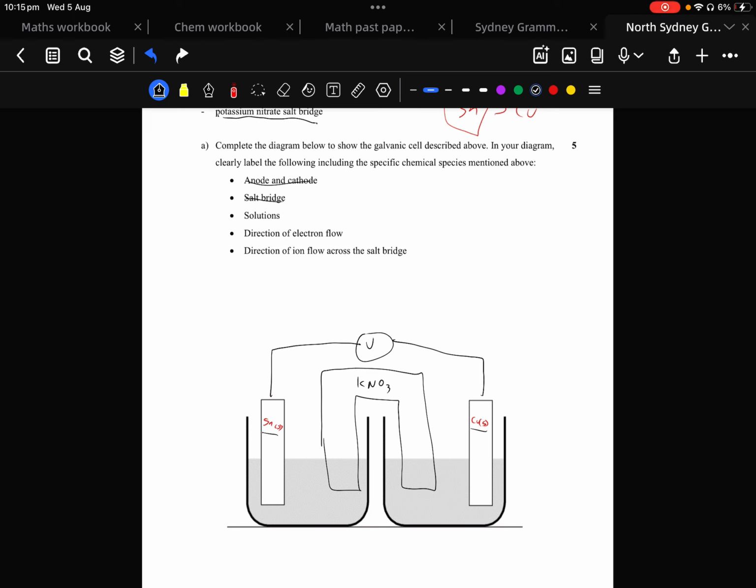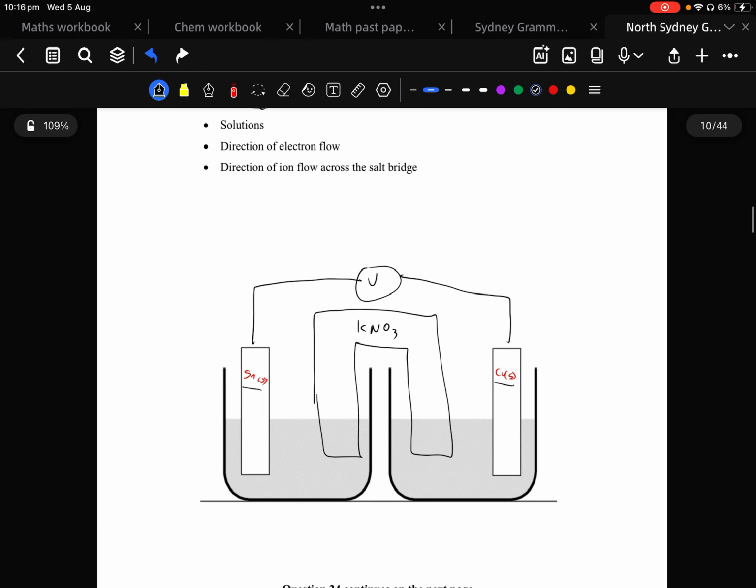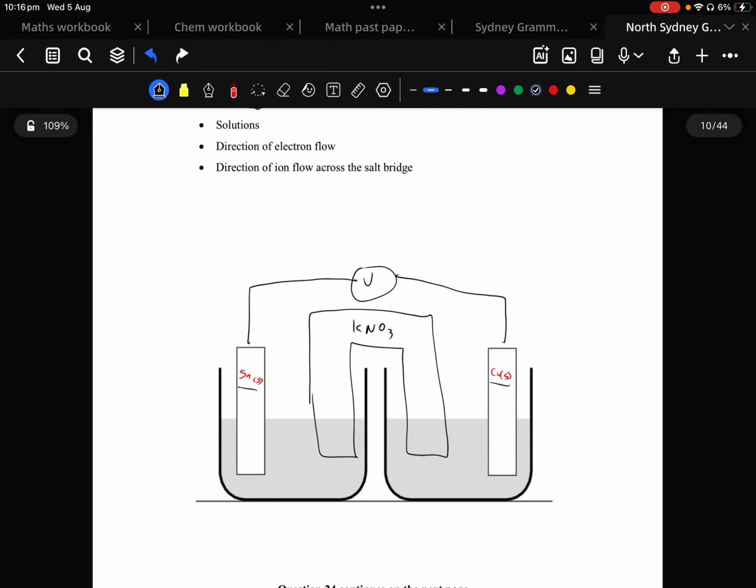Looking at our standard potentials, Sn, tin, undergoes oxidation to lose 2 electrons. If our salt bridge is nitrate and tin loses 2 electrons, which means it has a positive charge of 2, then the solution would be tin nitrate.